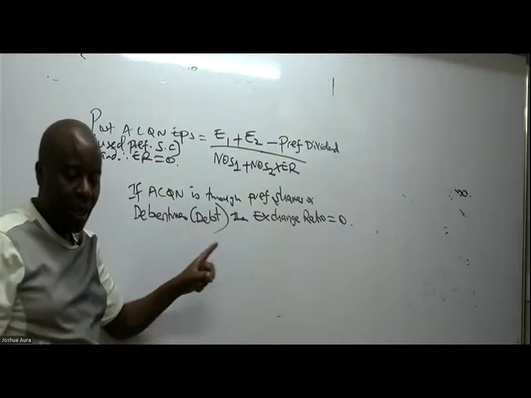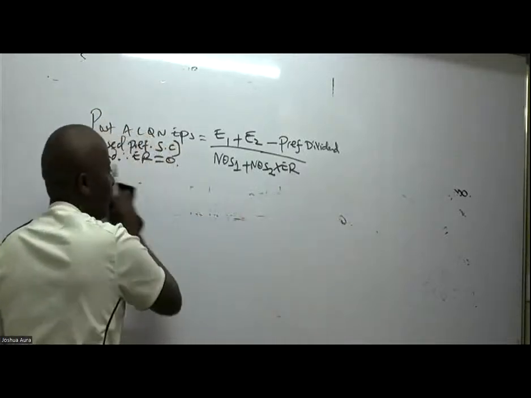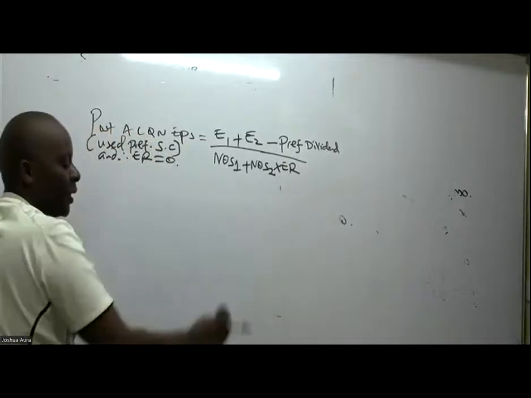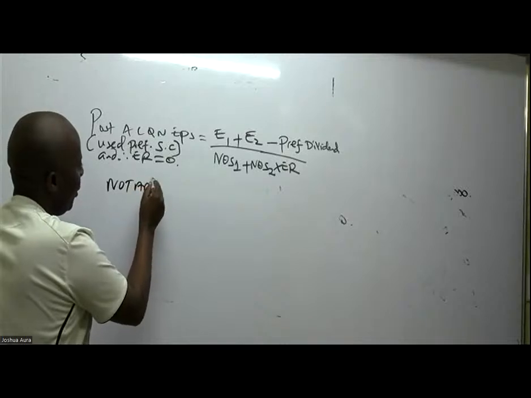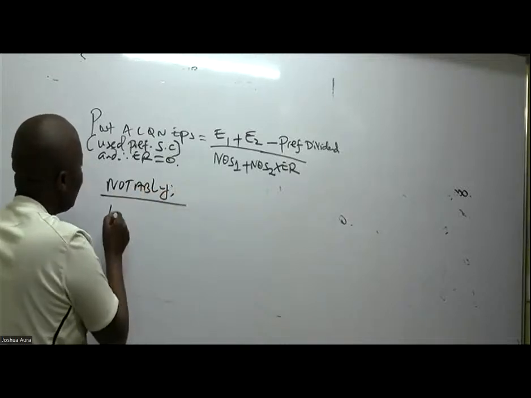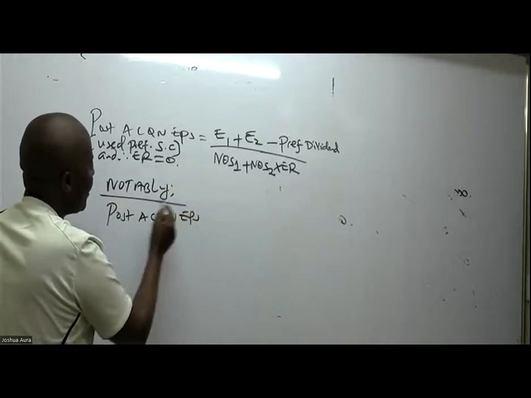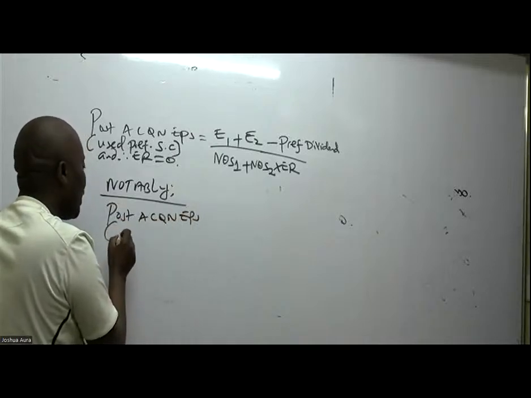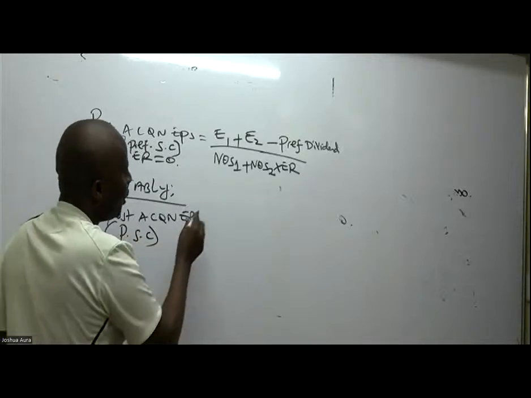And ladies and gentlemen, this is now very important. What we are saying there is that notably, our post-acquisition EPS, where we are using, in this case here, preference share capital, will be looking like this.